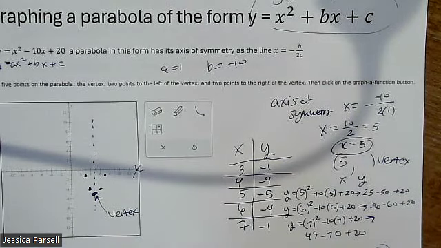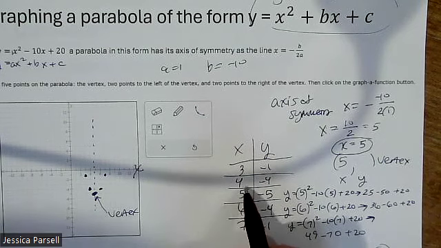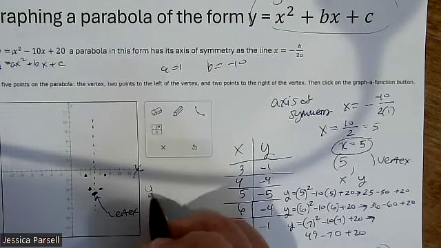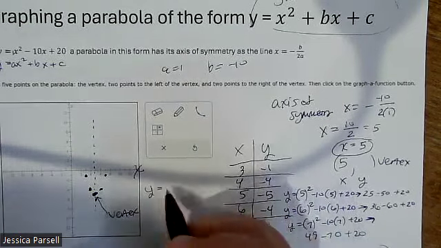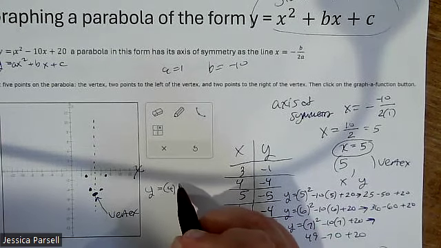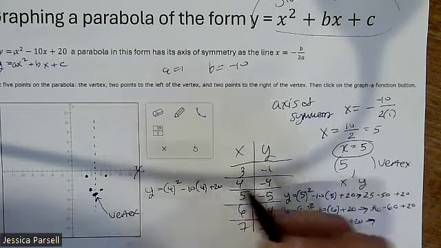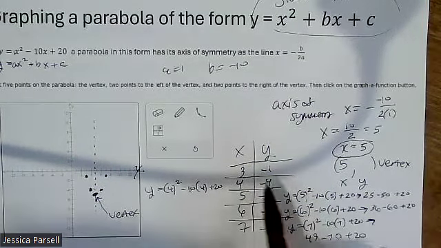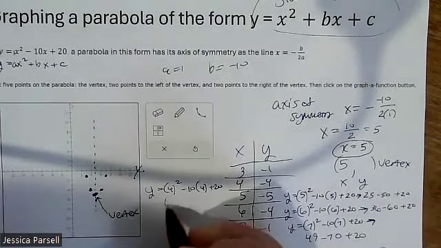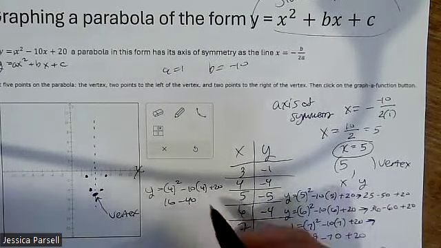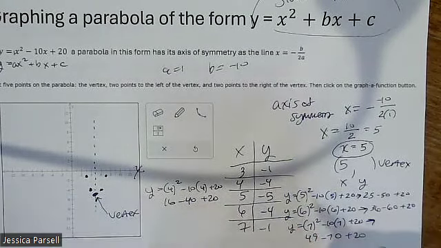If you feel uncomfortable doing that, there is no problem at all with just putting these into the equation. So let's do that. So y equals, we'll put a 4 in. 4 squared minus 10 times 4 plus 20. Let's prove that that became negative 4. So 4 squared is 16 minus 40 plus 20. Okay, 16 minus 40, it's going to be negative 24 plus 20.